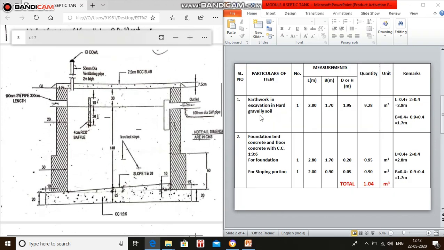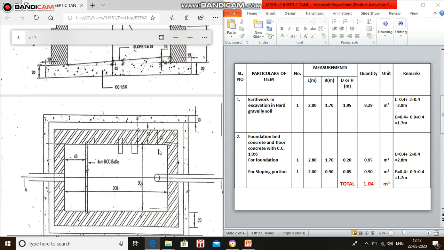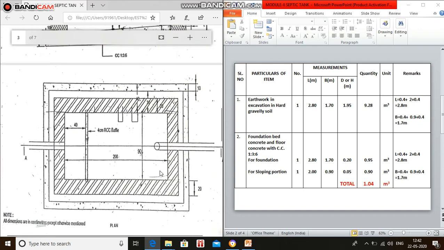First item, earthwork in excavation in hard gravelly soil. Here number one, coming to the outer to outer dimension of length, here it is 2 meter plus 0.4 plus 0.4.